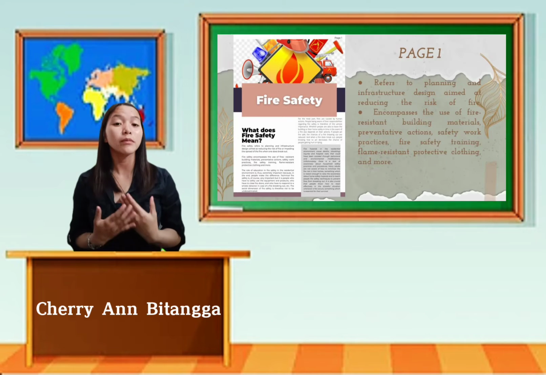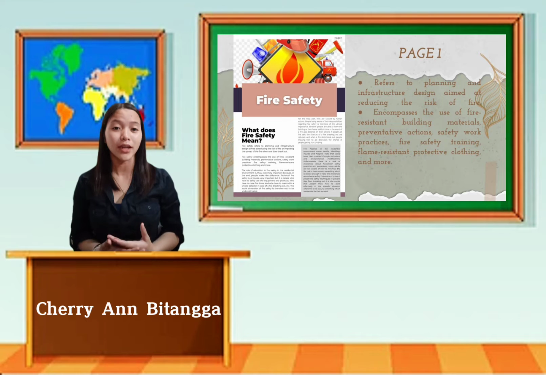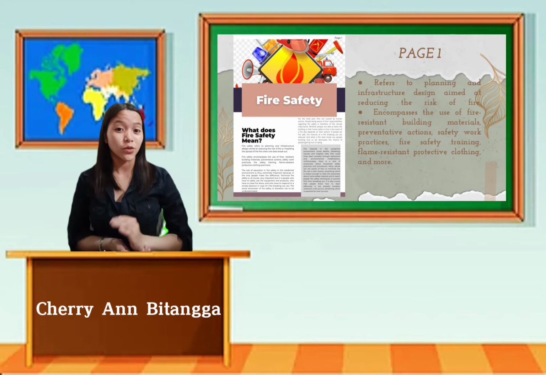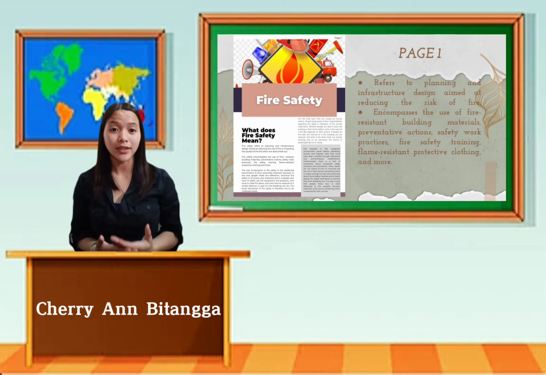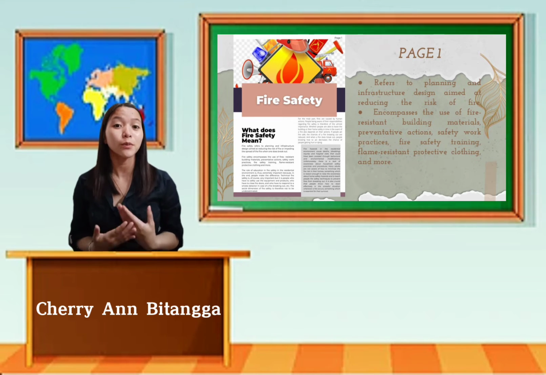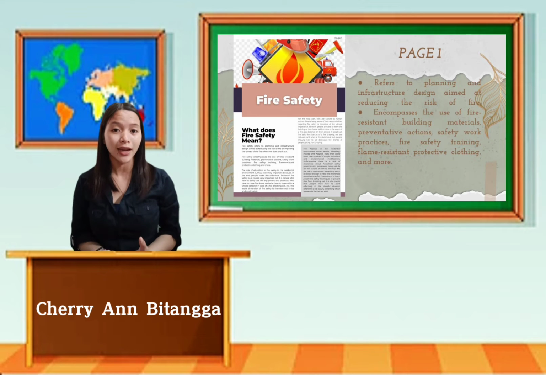So next, I will be discussing pages 1 to 3 in our magazine. In page 1, it talks about fire safety. So what does fire safety mean? Fire safety refers to planning and infrastructure designed and aimed at reducing the risk of fire or impeding the spread of the fire when one does break out.